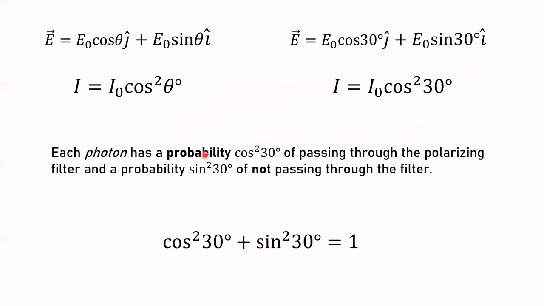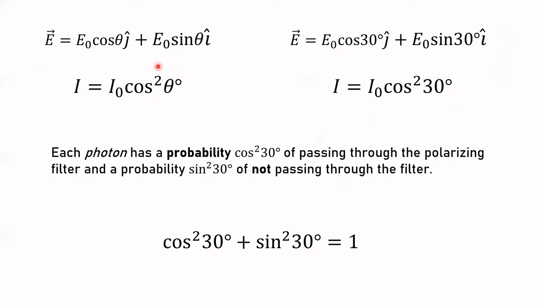Okay, let's look at this a slightly different way. These are the equations we've been using. These are the same equations evaluated with a particular angle, 30 degrees. And I was saying that each photon has a probability of 75% of making it through the filter. Well, that 75% came from the square of the cosine of 30.